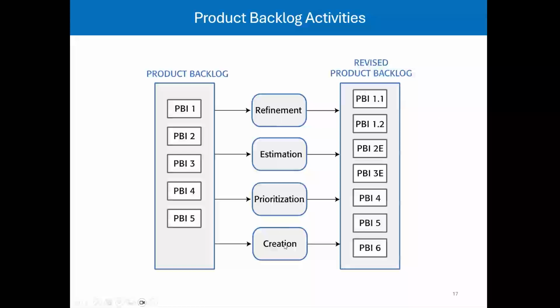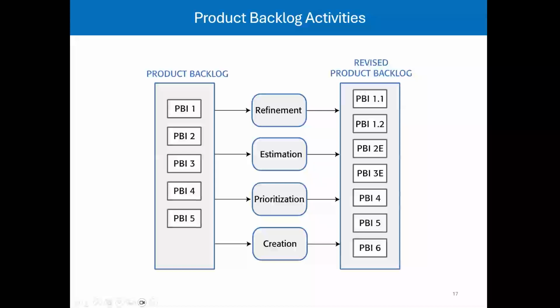In the middle, we have the 4 activities of refining. So as you see, in this example, it breaks larger PBI, for example, PBI 1, into smaller, more manageable items, PBI 1.1 or PBI 1.2.